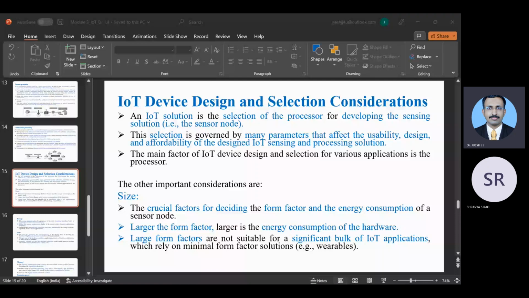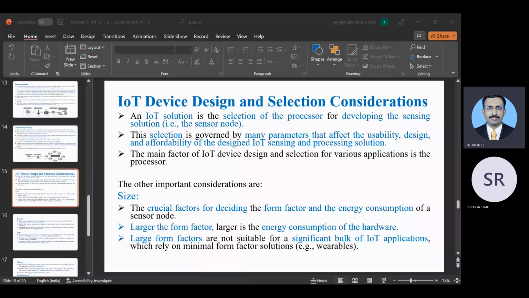Similarly, when you are going for the design, it is very important to know what the size is, what the energy consumption is, and what parameters you are going to define. You have to make sure that your node is capable of withstanding the power consumption. Size should not be bulky, it should be small.